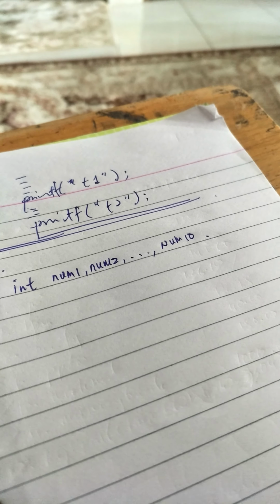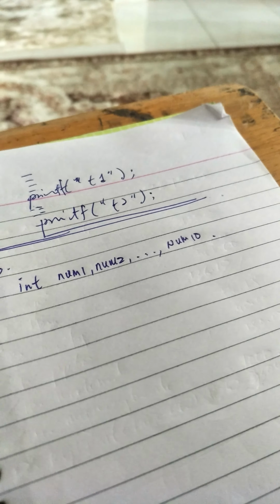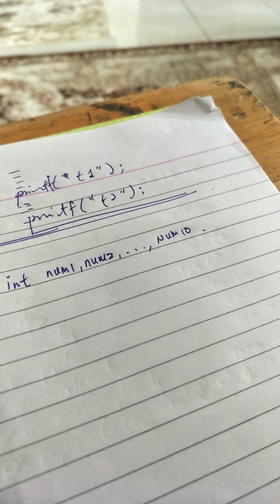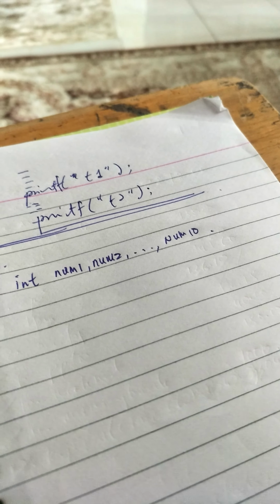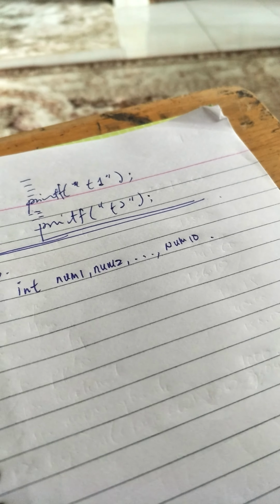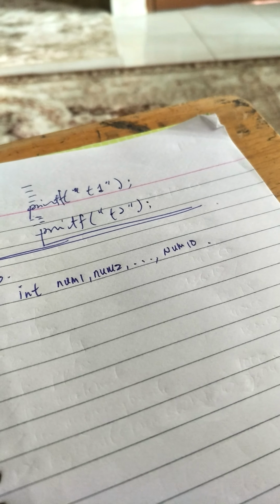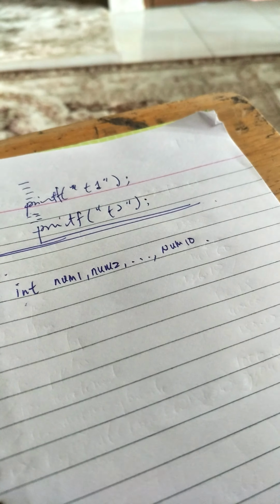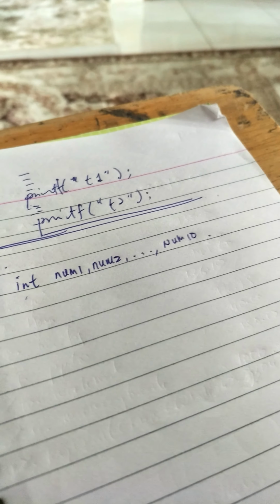But surely, to simplify this, instead of having 10, 100, or 1,000 variables, we can make it short by declaring only one variable with the same type. Here it is integer. If it is float, then float. If it is char, then char.